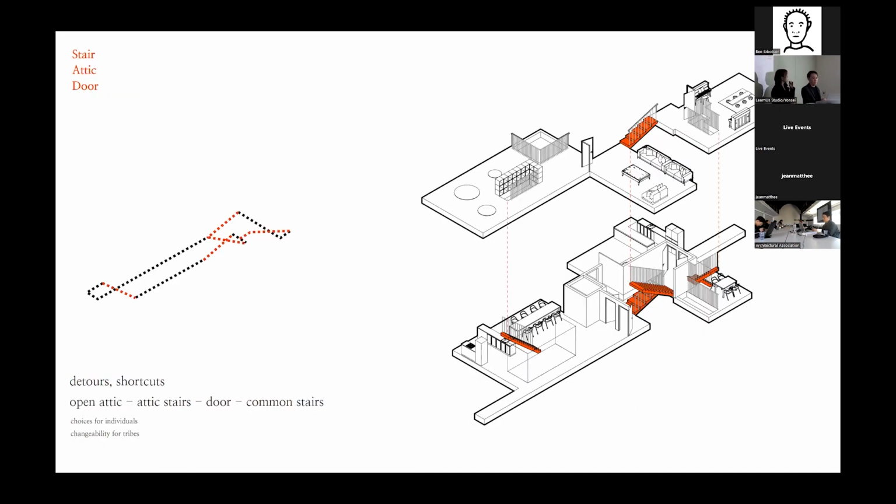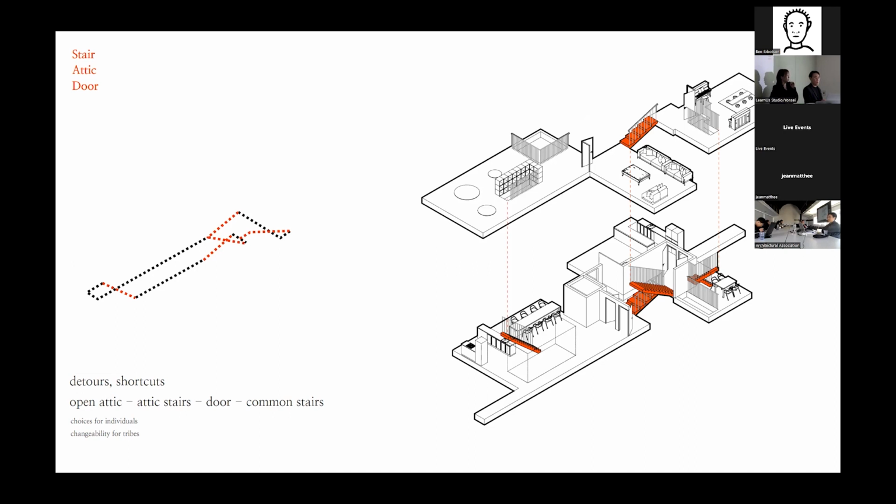And again, stair, attic, door, these 3 are the set that makes these detours and shortcuts. And this attic floor is a private space actually in Korea within a household, but by putting the door connected to the roof tea room or to the main common staircase, actually you allow people to choose the way, whether enter this way or that way.